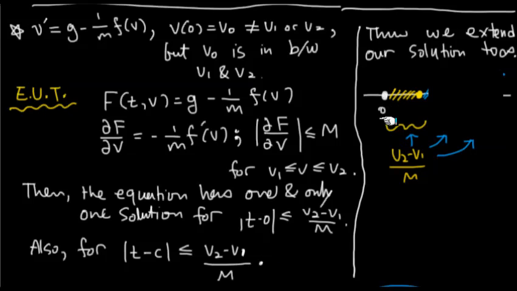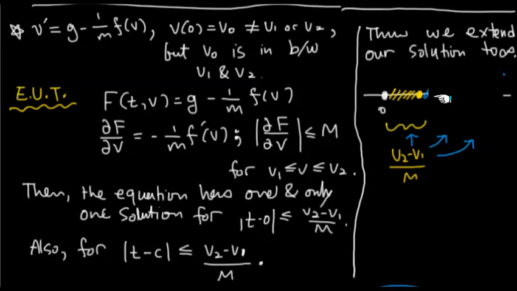First, we start from 0, and we have this differential equation, and the theorem says that we have a solution around this small neighborhood. So we start from t equals 0, only up to this number v2 minus v1 divided by m, we have a solution in here. And this theorem does not guarantee we have a solution further. So we have a solution up to here.